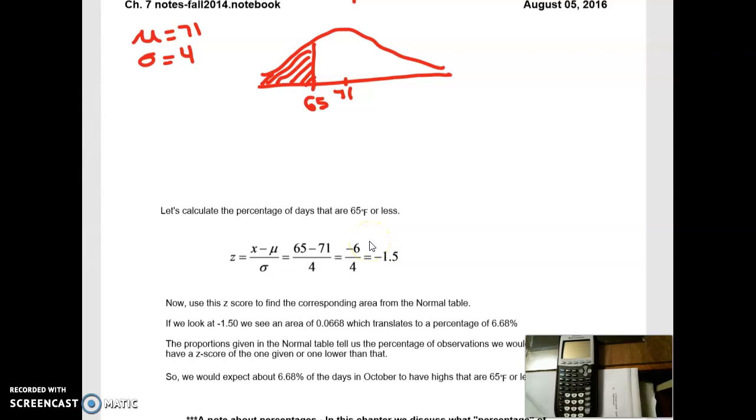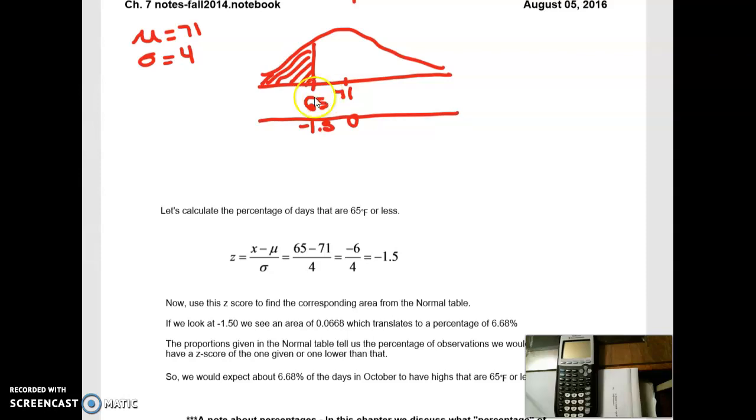That means that 71, which is your mean, would have a z-score of 0. 65 has a z-score of negative 1.5. That means that 65 is 1.5 standard deviations below the mean.